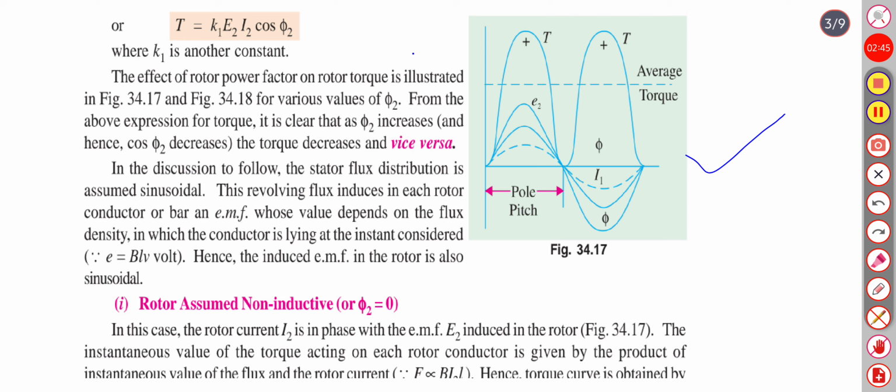So this is the pole pitch, and this is the average torque shown by the dotted line, for various values of phi 2.